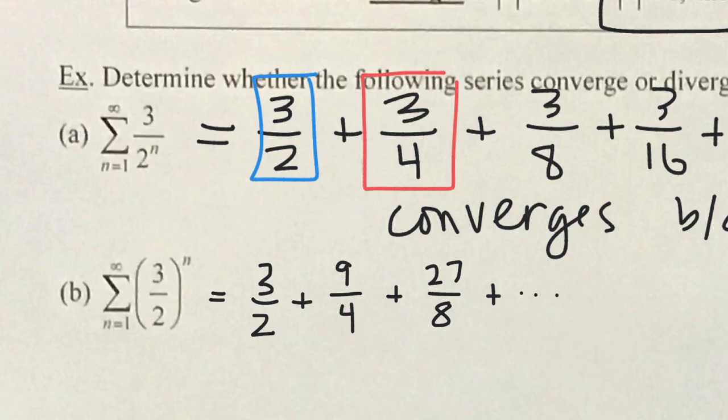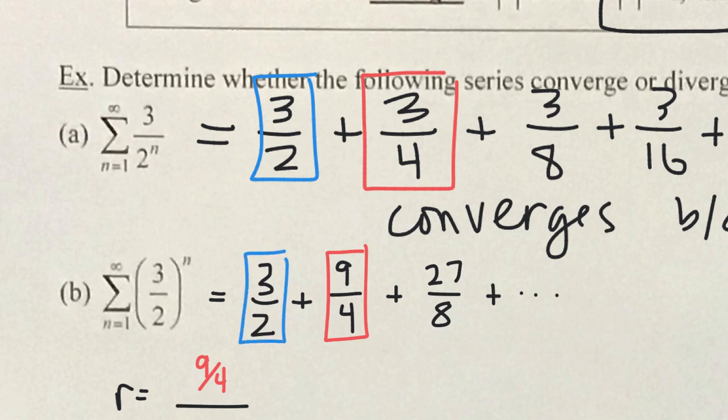So what is our ratio? That would be our second term, which is 9/4, divided by our first term, which is 3/2.